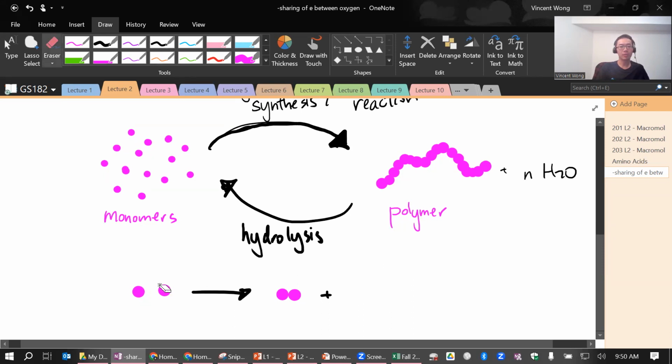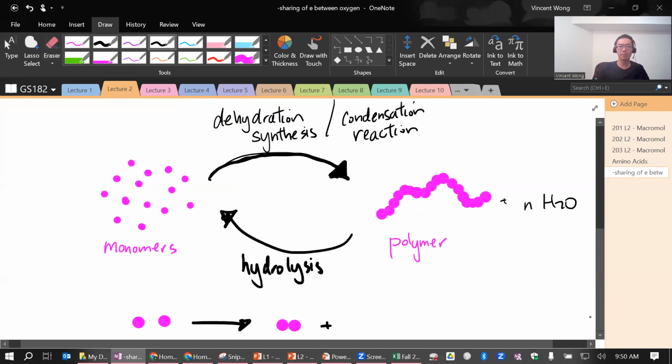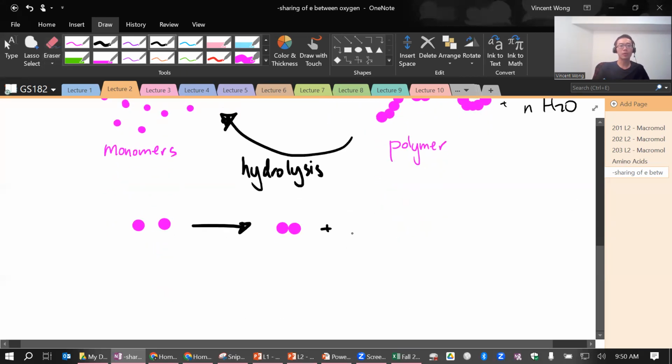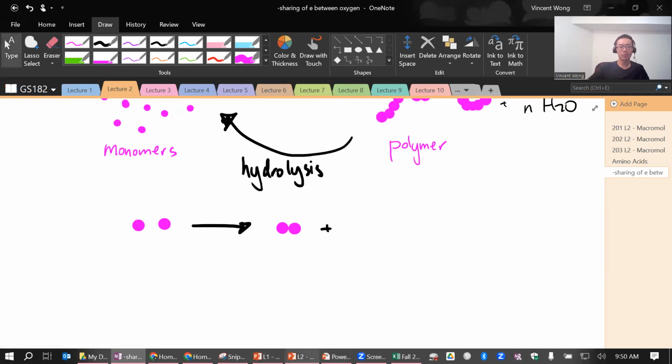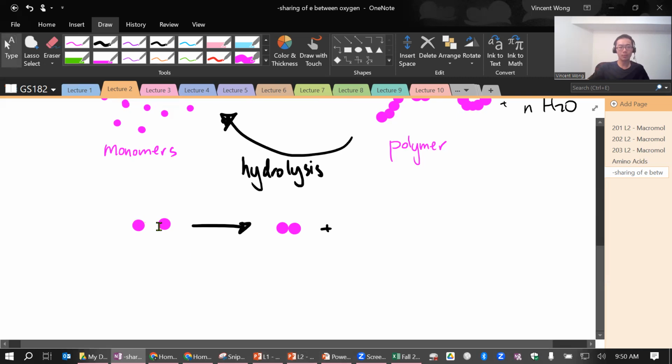If you link them together by dehydration synthesis, how many water molecules come out? Maybe two? I would say two. Just one and one take out, right?